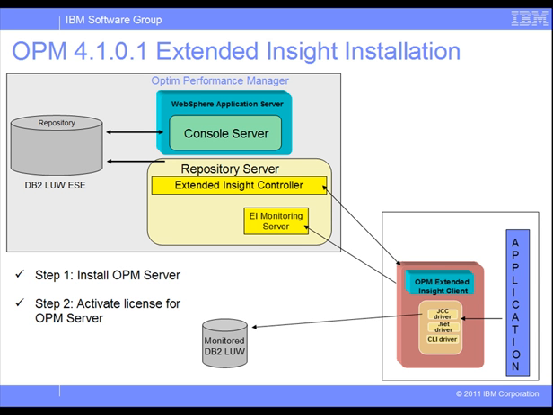We will specify a port number for the controller when we activate Extended Insight on Optim Performance Manager and when we configure the Extended Insight client later in this demo. There is one set of metric collectors available per monitored database for which Extended Insight monitoring is configured.